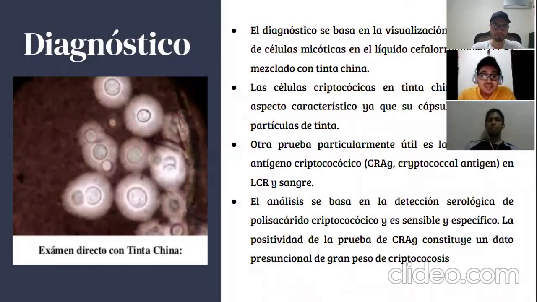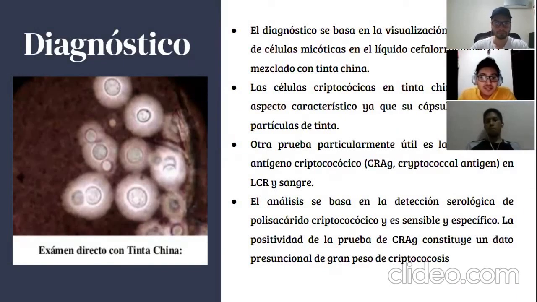Diagnosis. The diagnosis is based on visualization of the fungal cell capsule in the cerebrospinal fluid mixed with Chinese ink. The cryptococcal cells in Chinese ink have a characteristic appearance because their capsule excludes ink particles.